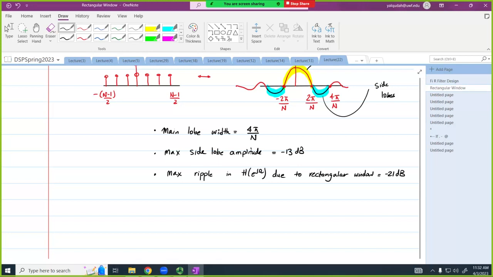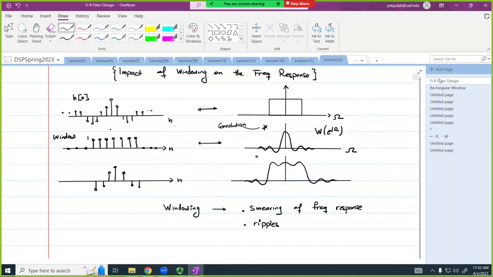Does that make sense? What does that mean? The maximum ripple in H of e to the j omega. If I looked at the frequency response of this filter, then the maximum in the stop band, because of the rectangular pulse, is going to equal negative 21 dB.